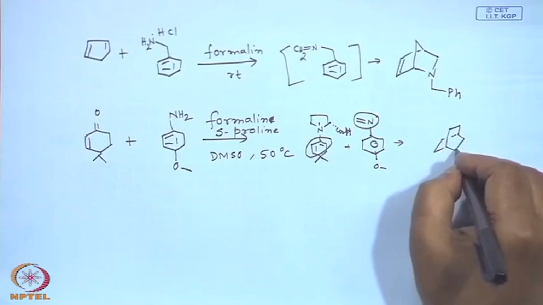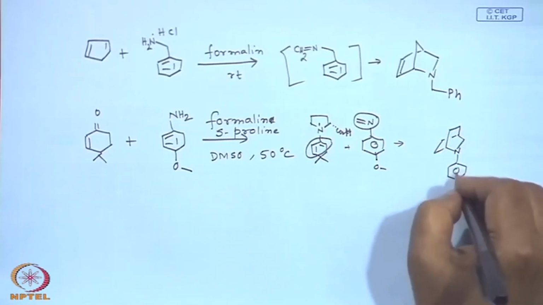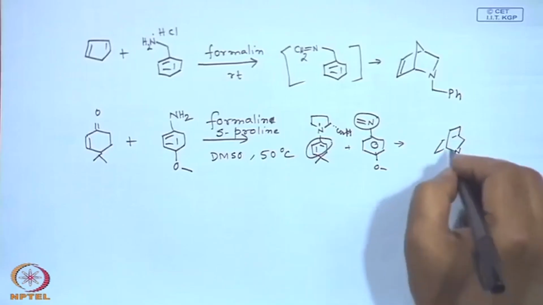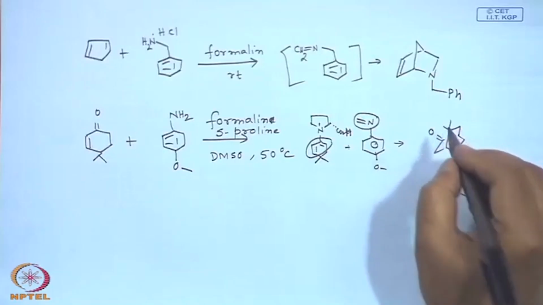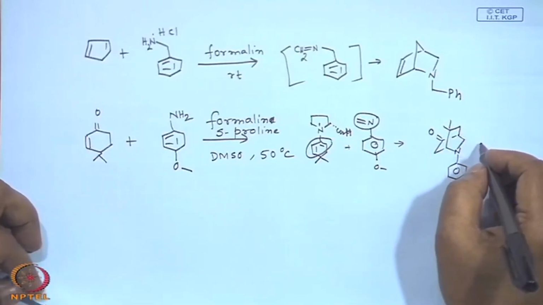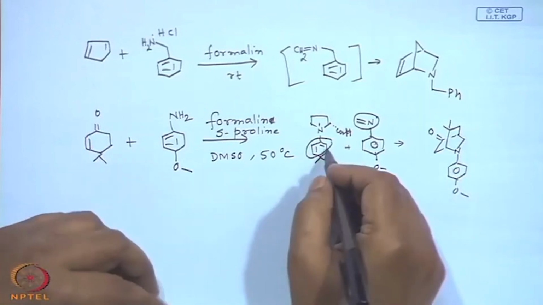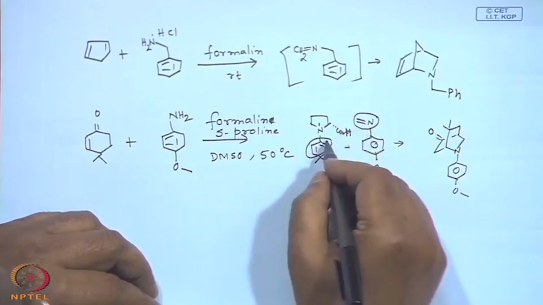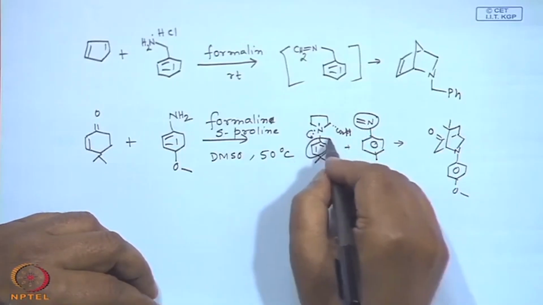So, eventually what will you get? You will get again a bicyclic system, and it is a ketone, and then you have two methyl groups here. Anything else? So, this is a bicyclic. That means, this diene part would react with this, and mind it, in this case because of this nitrogen, this electron flow would be towards this carbon.